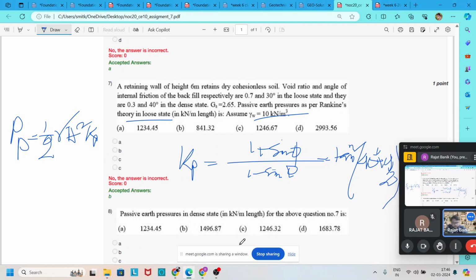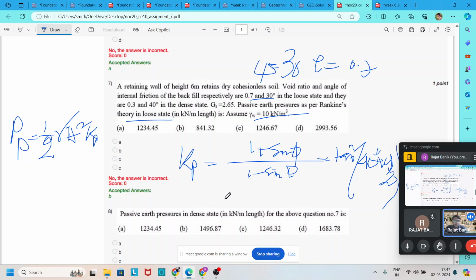So for the loose case, our angle is 30 degree and void ratio is 0.7. Gamma is not given here.